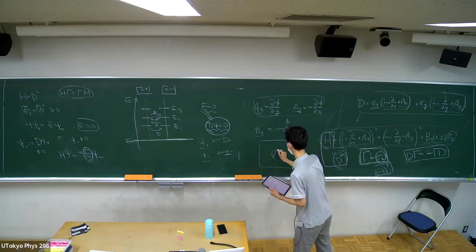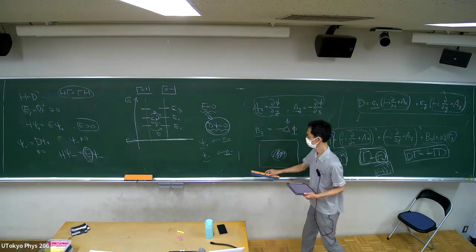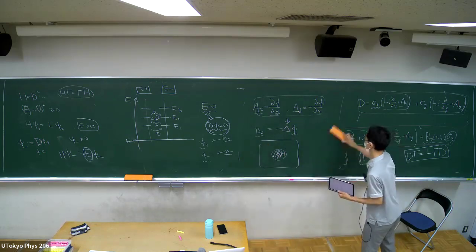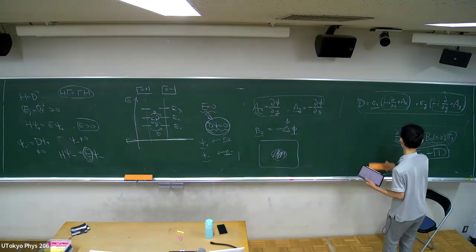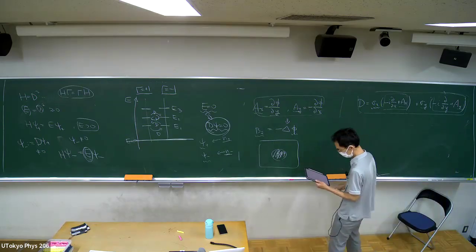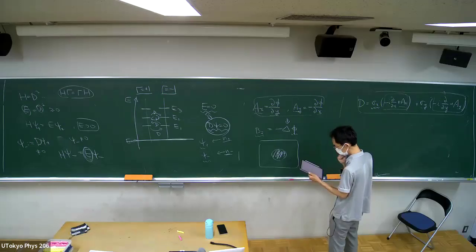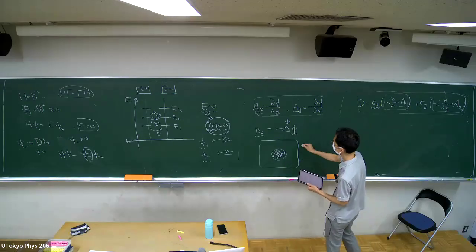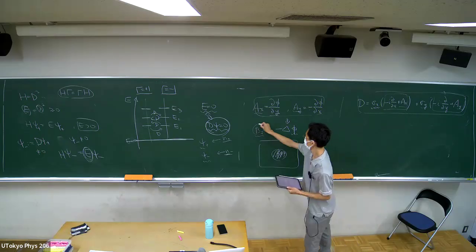So we had this finite region where B is non-zero. Then, you know how to solve this.